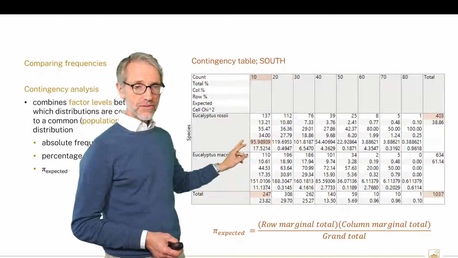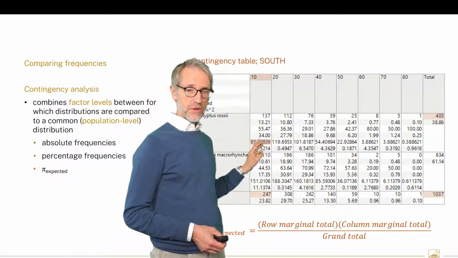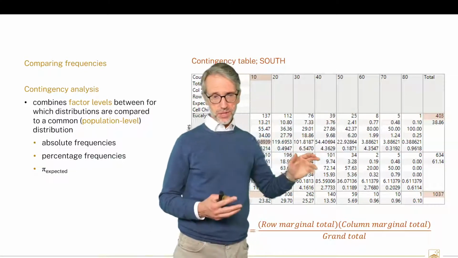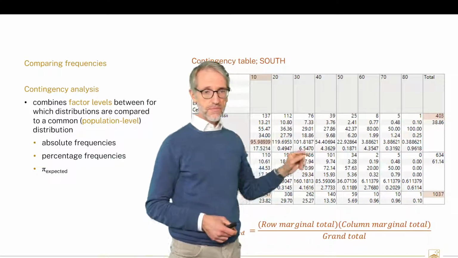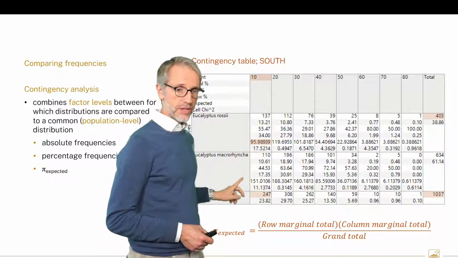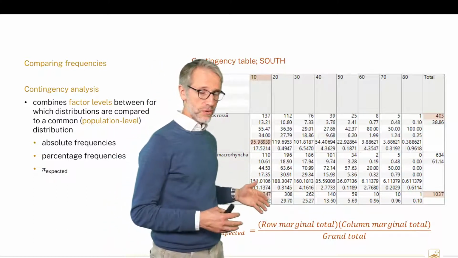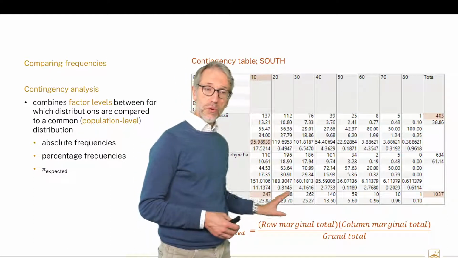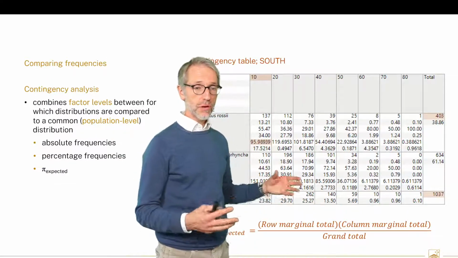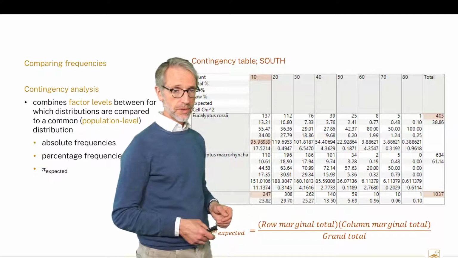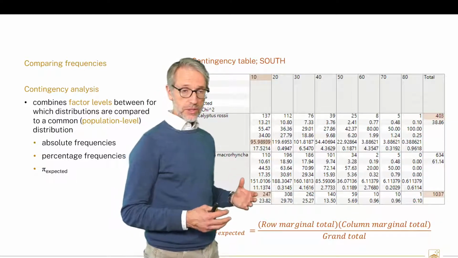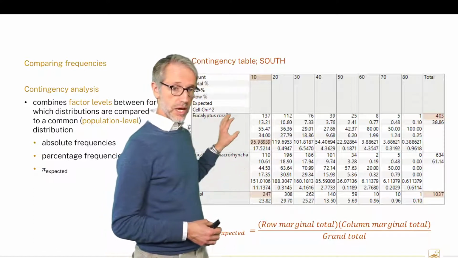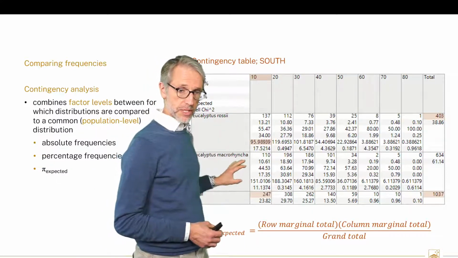Remember, this frequency needs to reflect the number of individuals that we measured in Eucalyptus rossii and the respective frequency across the diameter classes for both species simultaneously, so for the entire population. Our null circumstance here is that the distribution across Eucalyptus rossii and Eucalyptus macrorhyncha are the same.